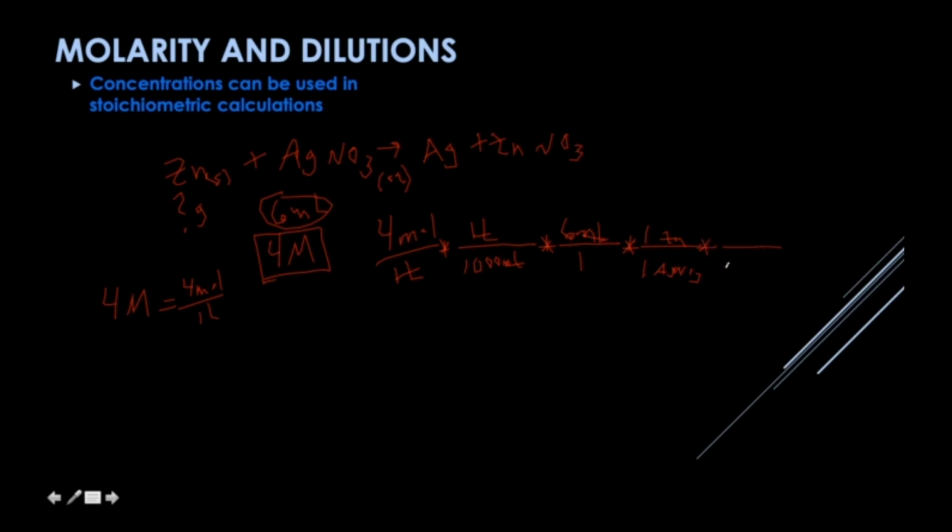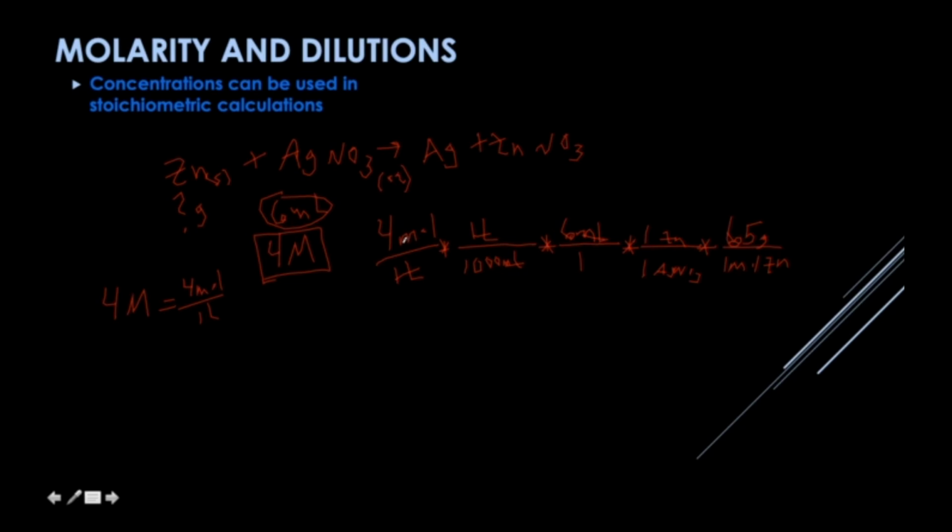And so for every 1 mole of zinc, we have a certain mass of zinc that exists. So for zinc, that is 65. See, I'm having to slow down. 65 grams.